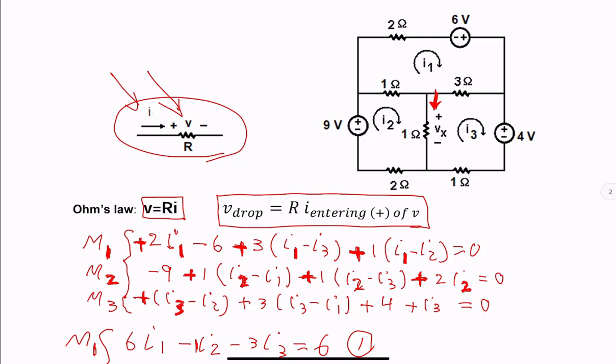So look at the next 2 examples, the next 2 videos for mesh analysis to get more familiar with the way we do mesh analysis and solve problems for mesh currents. Having mesh currents, voltages, powers, everything else is easy to find.